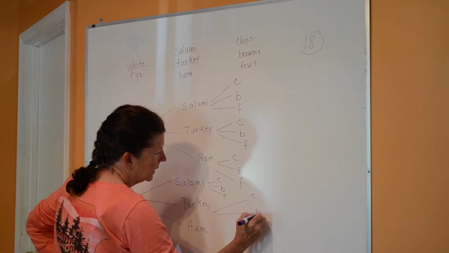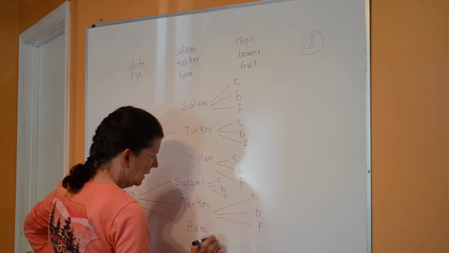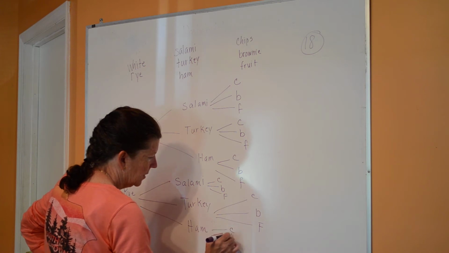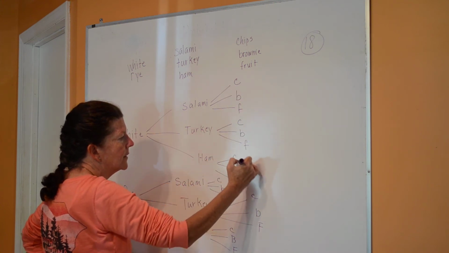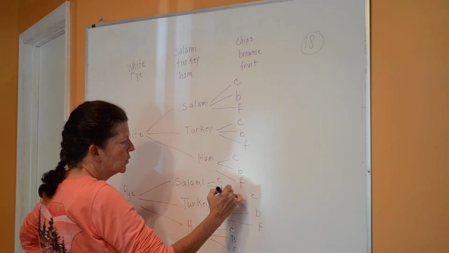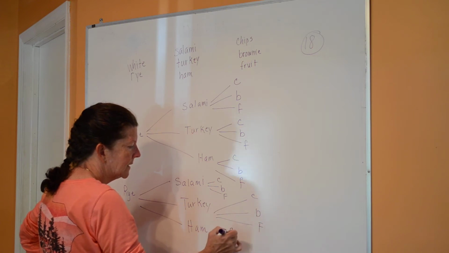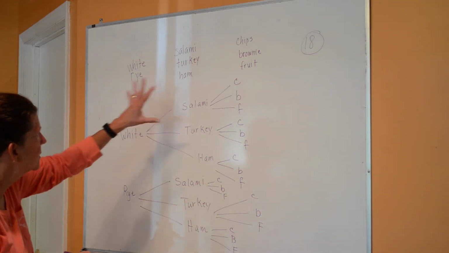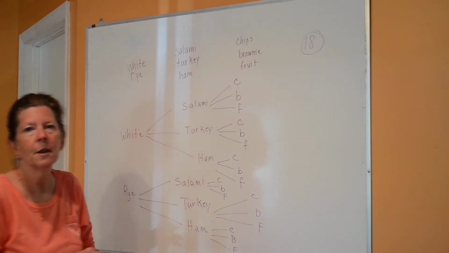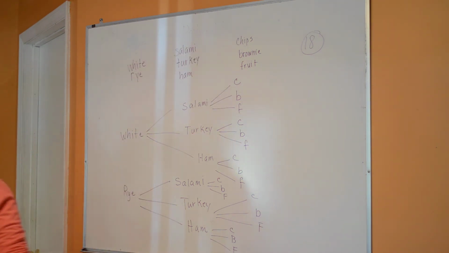And if you count these, 1, 2, 3, 4, 5, 6, 7, 8, 9, 10, 11, 12, 13, 14, 15, 16, 17, 18. Those are all your different arrangements that you can make with those choices. All right, that's the fundamental counting principle.